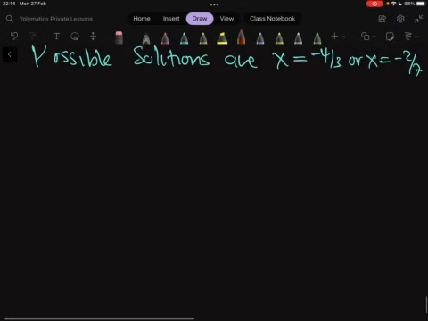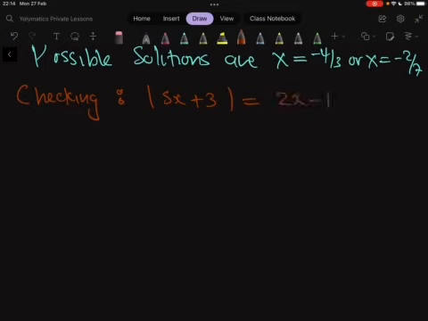So to check now, we know we're trying to solve 5x plus 3 is equal to 2x minus 1. So let's start with when x is -4/3.